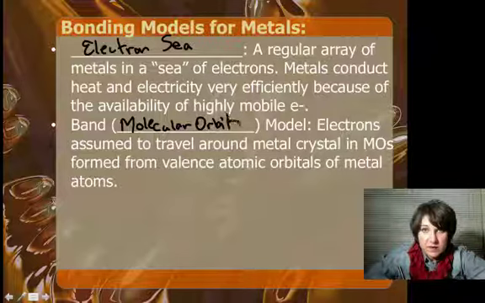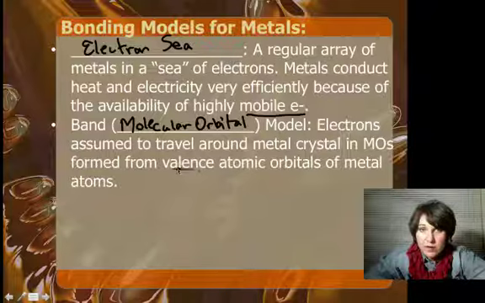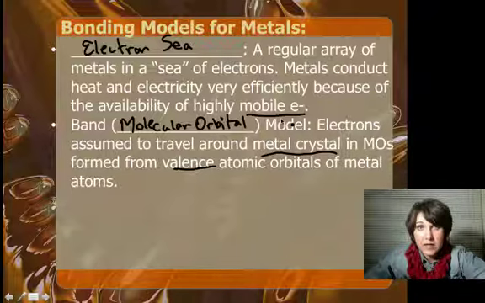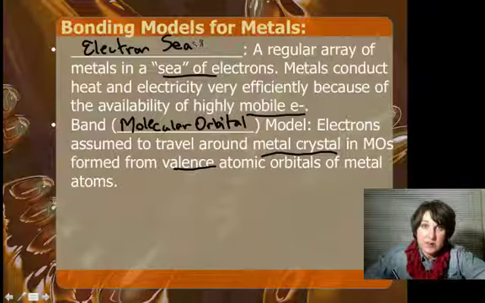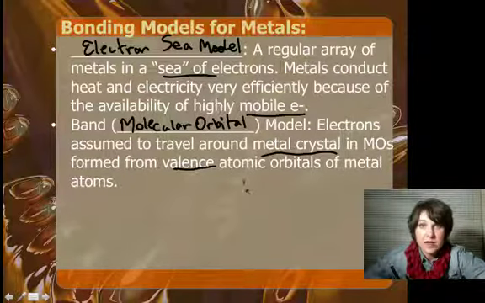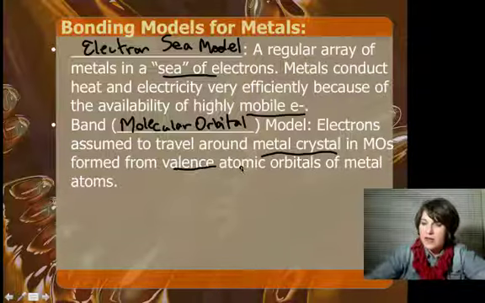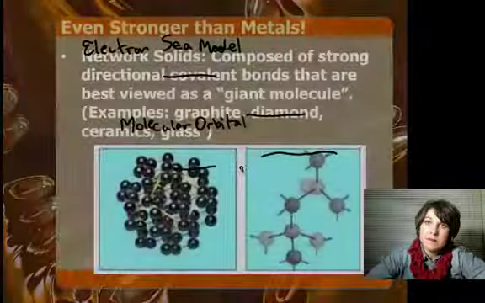But basically, it all has to do with our electrons being free to move around throughout the metal crystal in molecular orbitals, according to the molecular orbital theory, or as a sea of electrons in the electron sea model. Those are the bonding models for metals that you should be aware of. And I think that's it for solids.